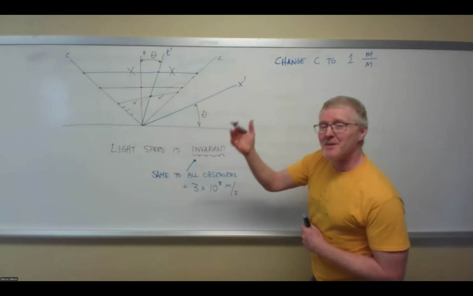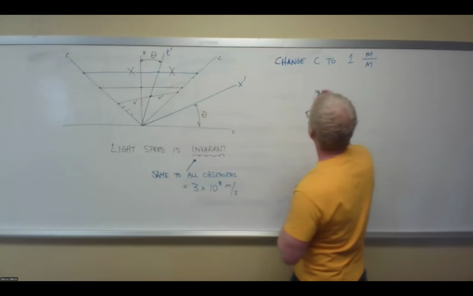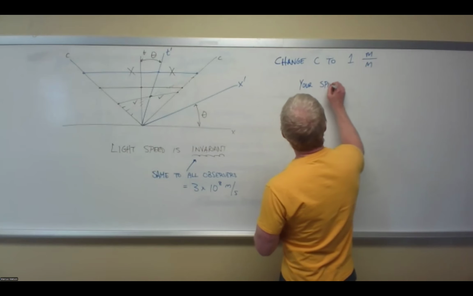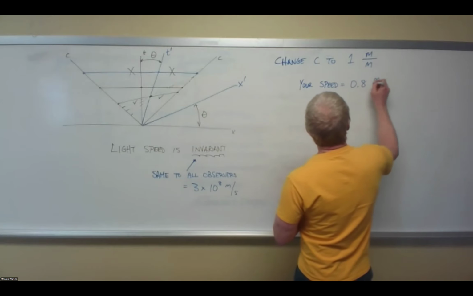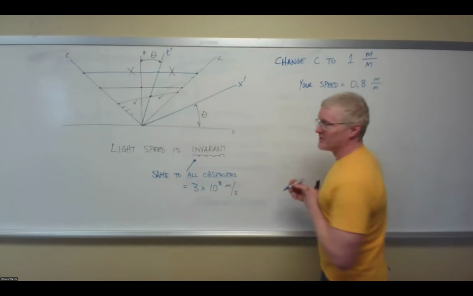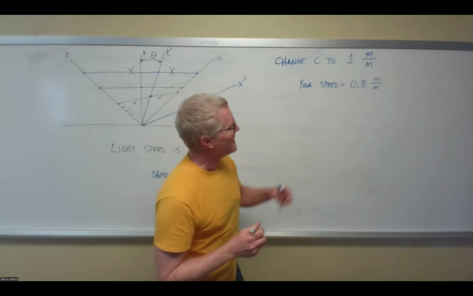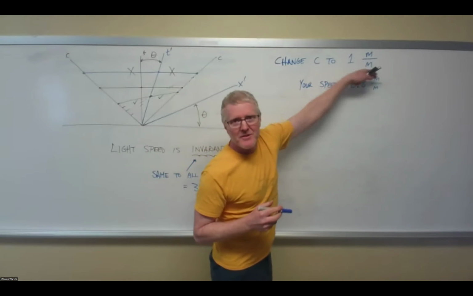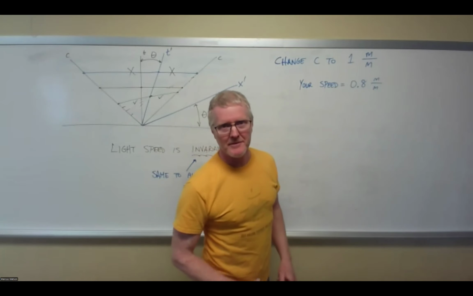Therefore, when I compare someone else's speed to that, suppose you're moving at 0.8, okay? You're moving 0.8 meters per meter. Okay, let's talk about what these meters mean. The top meter, the one in the numerator, is how many meters you moved. The bottom meter is how many meters light moved.